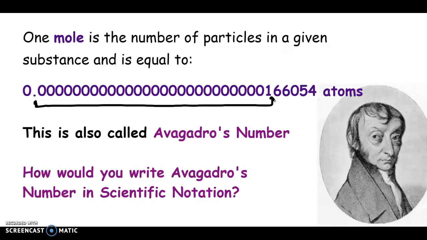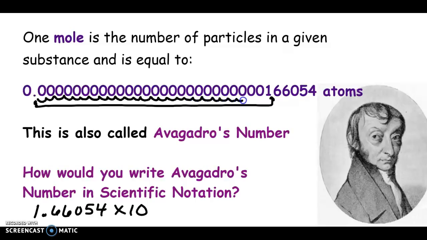So now my number is going to be 1.66054 times 10 to the power of the number of zeros, so that's 1, 2, 3, 4, 5, 6, 7, 8, 9, 10, 11, 12, 13, 14, 15, 16, 17, 18, 19, 20, 21, 22, 23, 24, 25, 26, 27. That's 27 times.